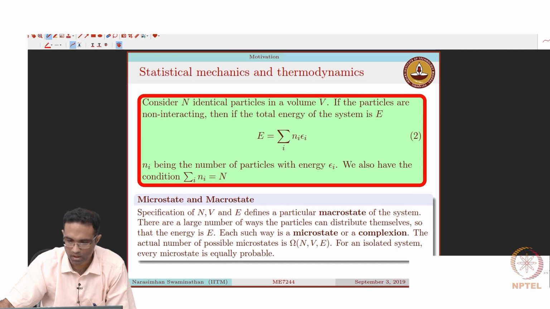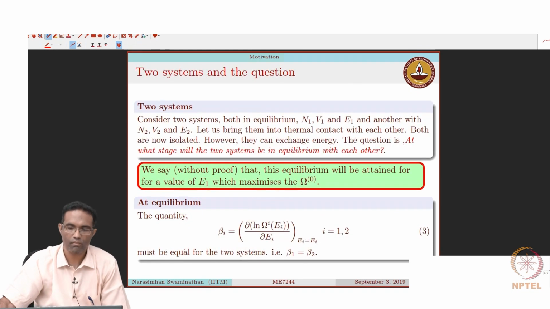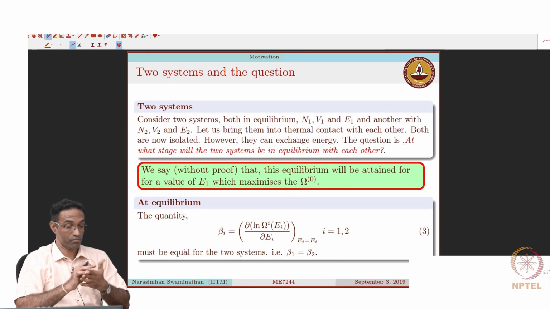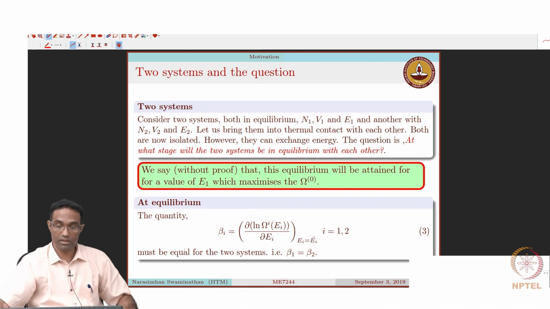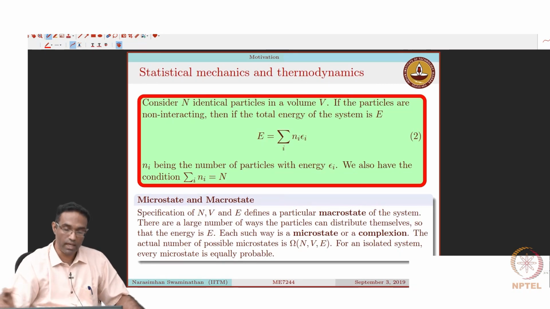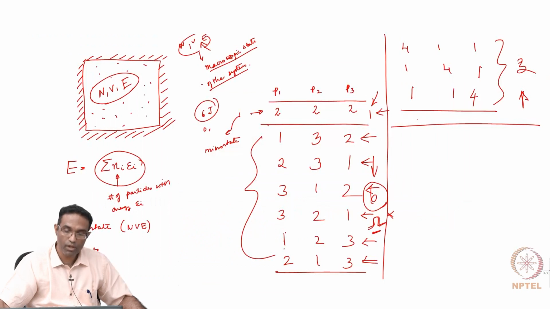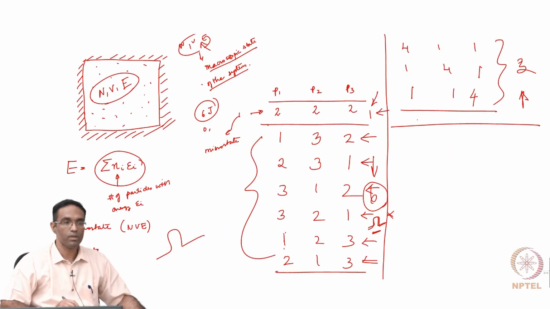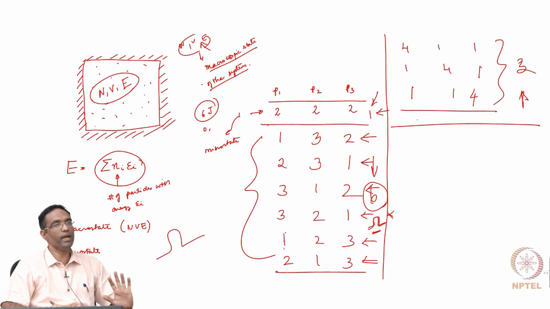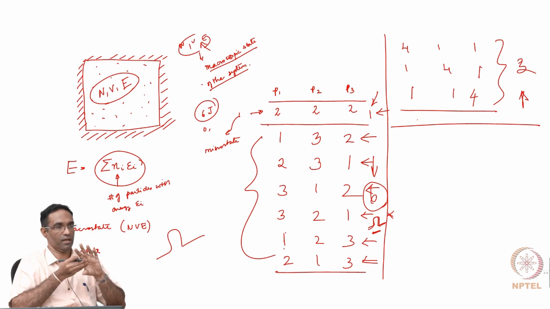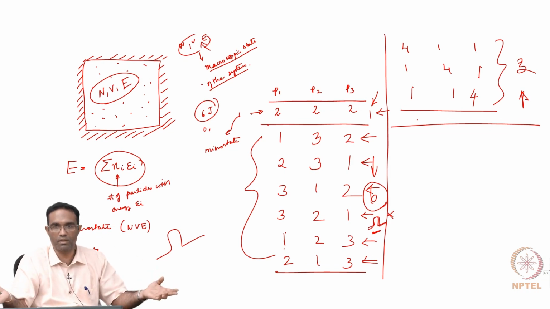Now, the nice thing about statistical thermodynamics is, if you knew this omega, the number of ways you can achieve a particular given macrostate, and have an explicit expression for it, it seems sufficient to derive the entire thermodynamics of the system.